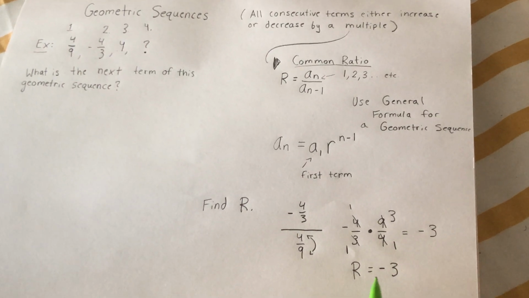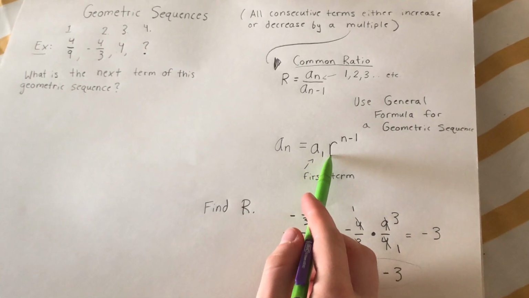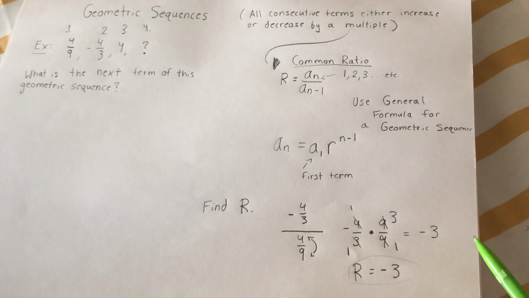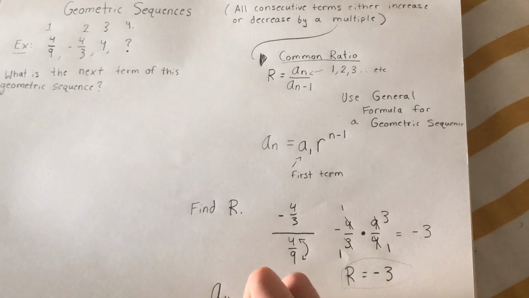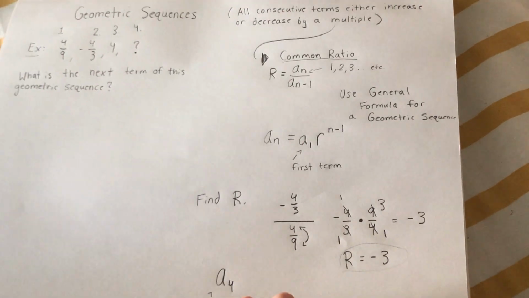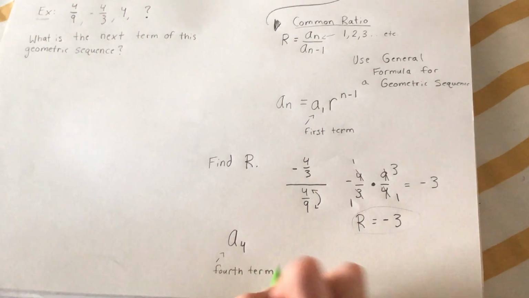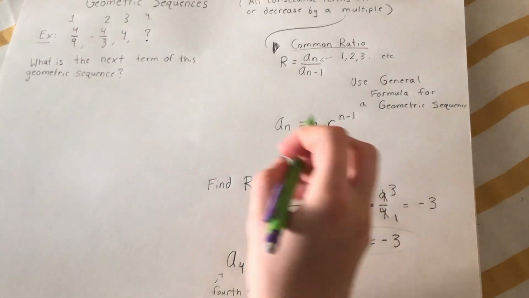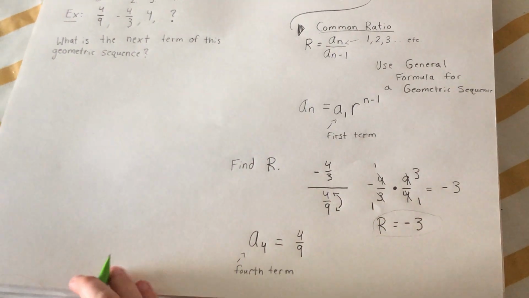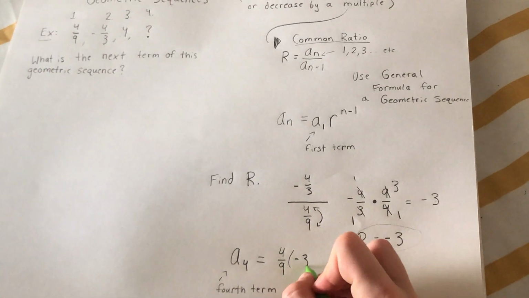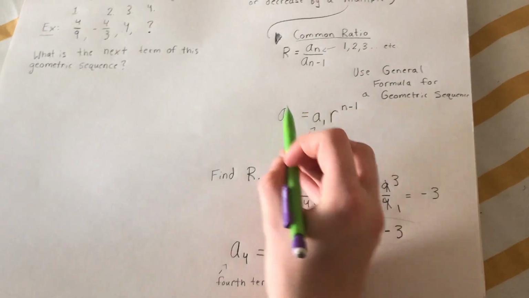So now that we know what our common ratio is, we can use that and our first term to figure out the fourth term. So A4, that just means our fourth term, is going to be equal to the first term, 4 divided by 9, multiplied by -3 raised to the n minus 1 power. And now we see that n right here is going to be 4.